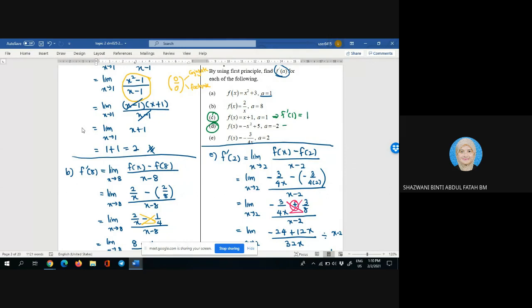For D, f prime negative 2, the answer is 4. Make sure you all try on your own. If you have any problem, you can ask me. You can text me personally. So C and D will be your homework for today.